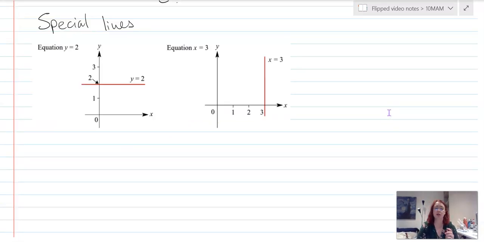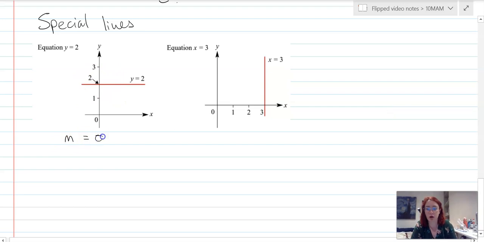Remember we said that horizontal and vertical lines are a special case. So in terms of their gradient, a horizontal line has a gradient of 0, and its equation is just going to be the value of that y-intercept, because if you think of y equals mx plus c, but m is 0, 0 times x is 0, so you just get y equals c.